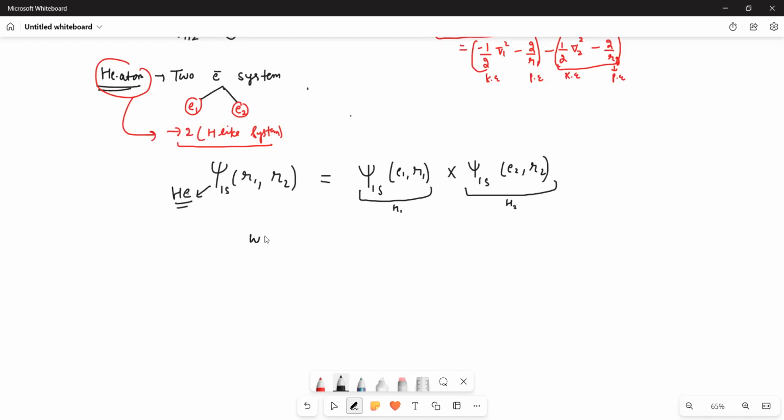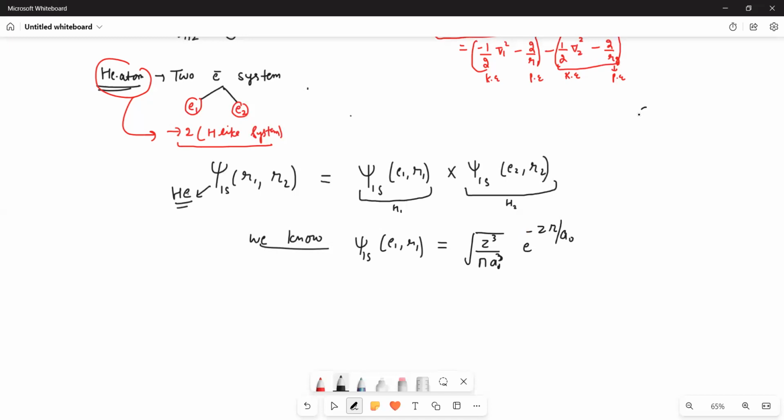Now we know from our previous derivation of the hydrogen atom that psi1s for electron 1 at distance r1 is equal to under the root, z cube upon pi a naught cube, and exponential of e raised to power minus z r upon a naught.